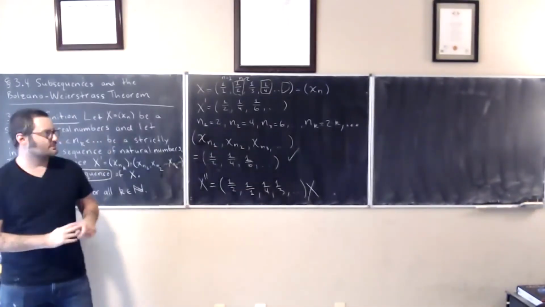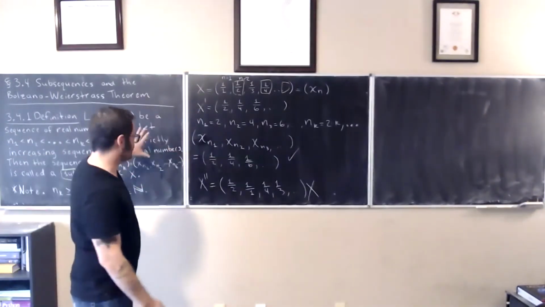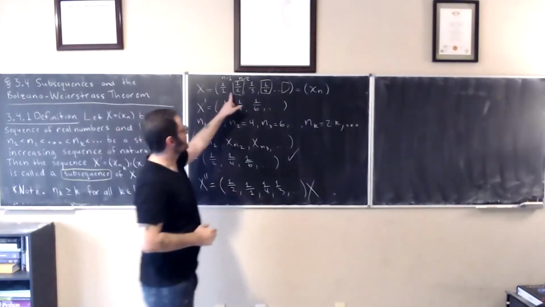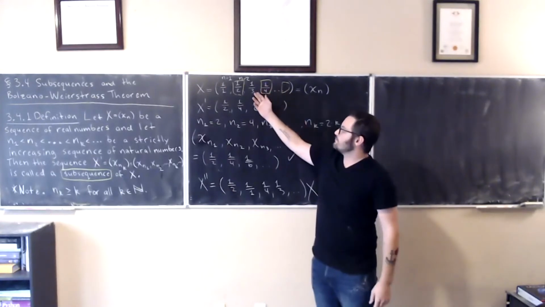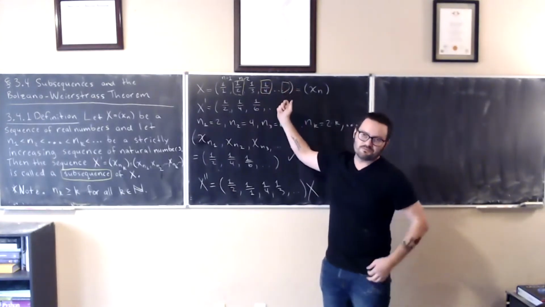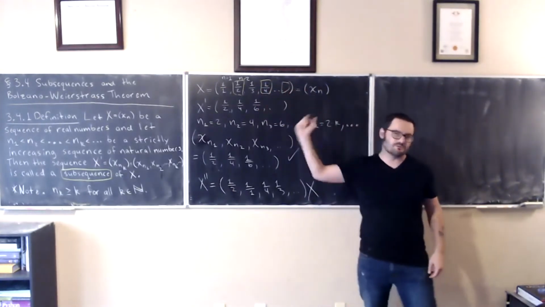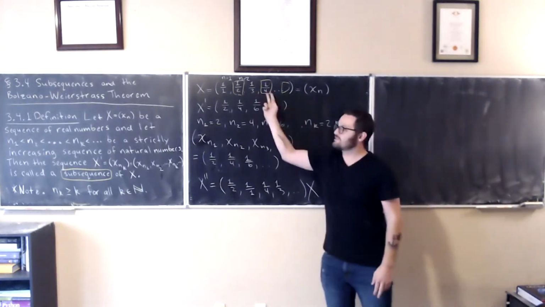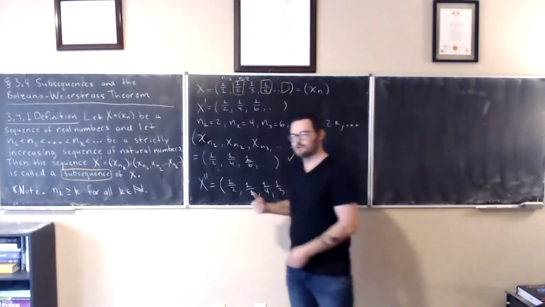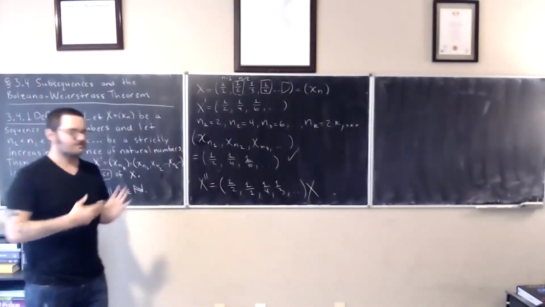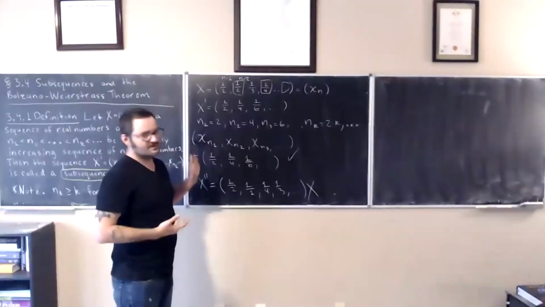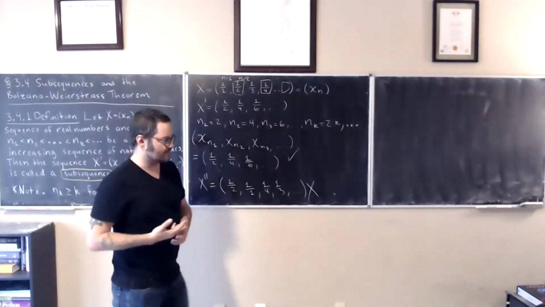In fact, if you take any subsequence, sticking with this definition, maybe you have 1/3 and then 1/9 and then 1/27, any subsequence of that is also going to converge to 0. If you just played around with it and tried to come up with a subsequence that didn't converge, you would never find such a sequence.